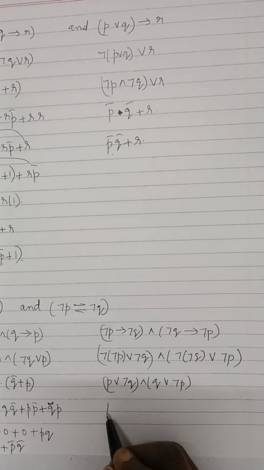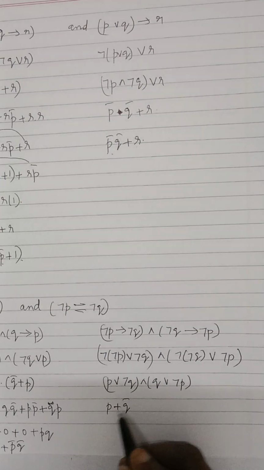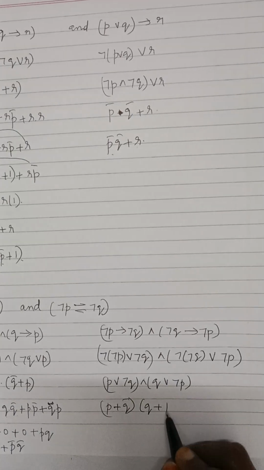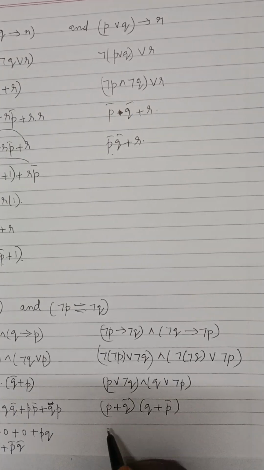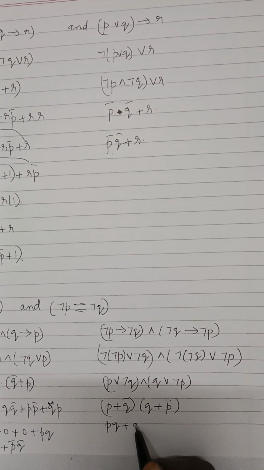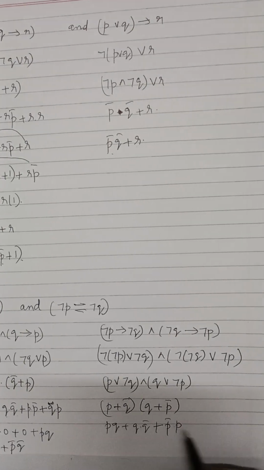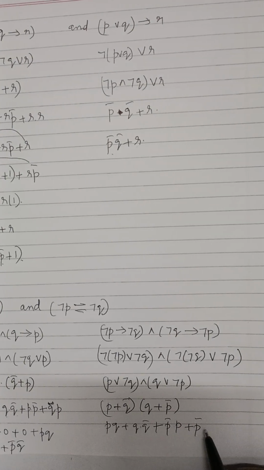So write it in the form (p + q bar) into (q + p bar). So multiply it, we'll get pq plus q into q bar plus p bar into p and p bar q bar.